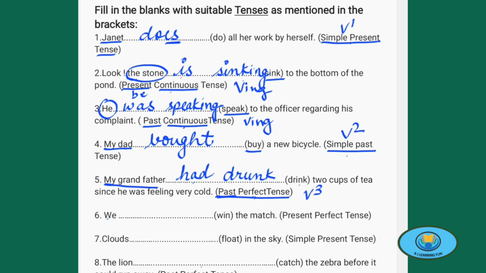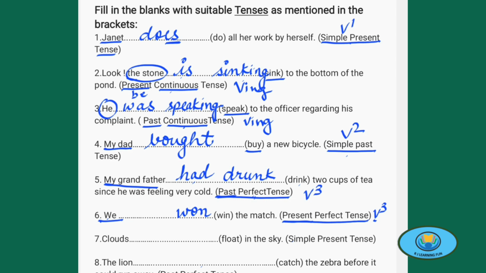We won the match. Present perfect. For perfect, it is the third form of the verb. Win, won, won. So the third form is won. Third form is there. But to show that the sentence is written in present perfect, not the past perfect, we will use the present form of have. But here you will have to see whether the subject is singular or plural, because it is has with singular and have with plural.